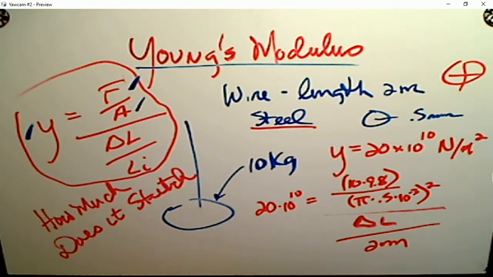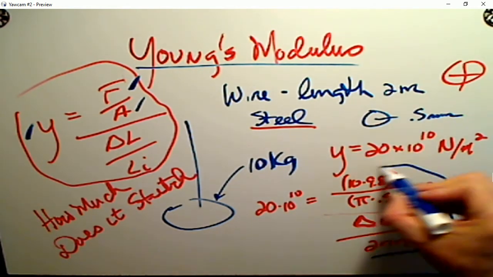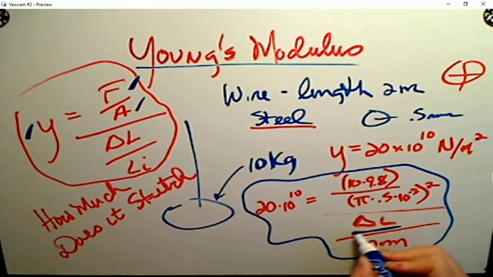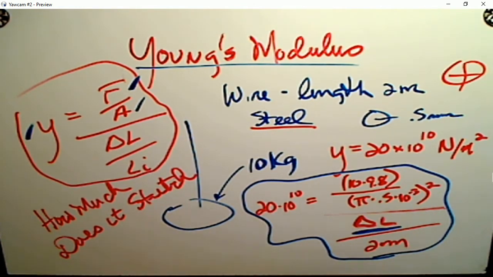So as you can see here, I have one variable. So take a couple of minutes. You might want to pause this and see if you can come up with that answer. What is the change of length? Okay.